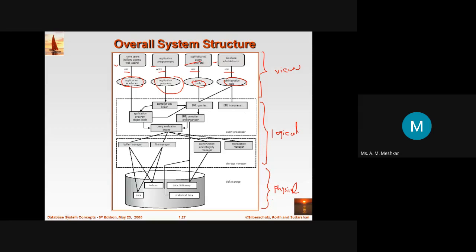Now we have entered the logical level. All the application programs, interfaces, query tools, and administrative tools are decoded inside the query processor, the first dashed box you can see here.